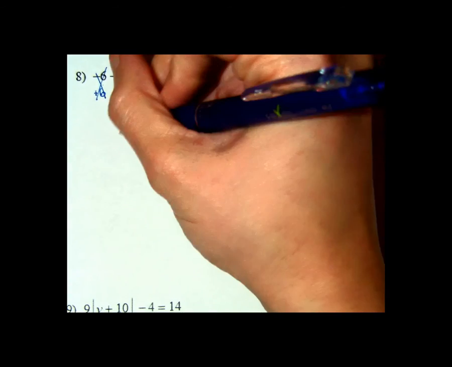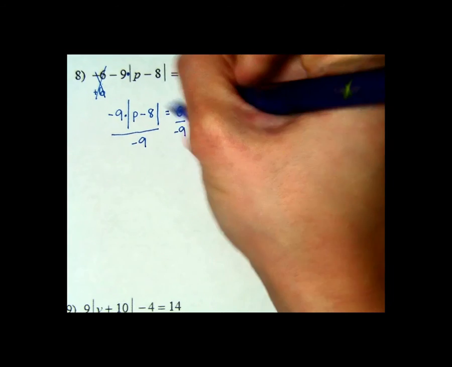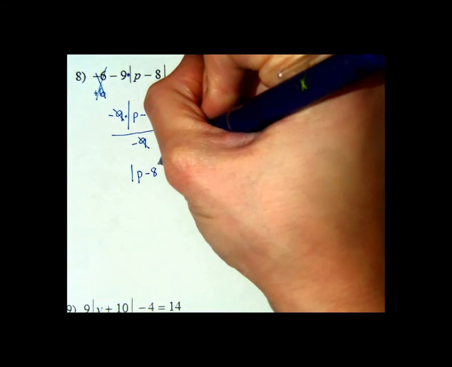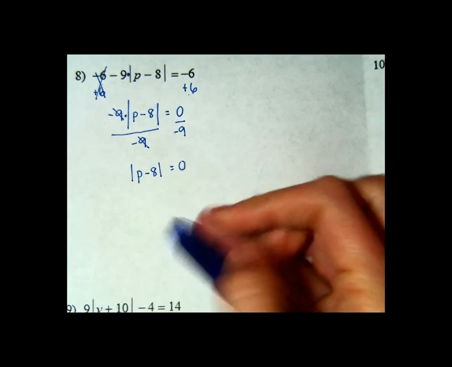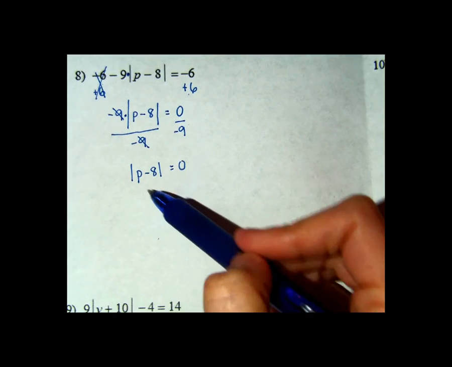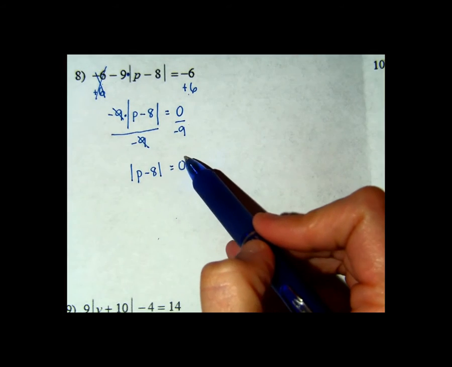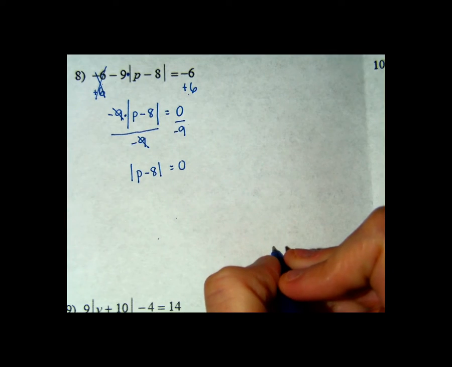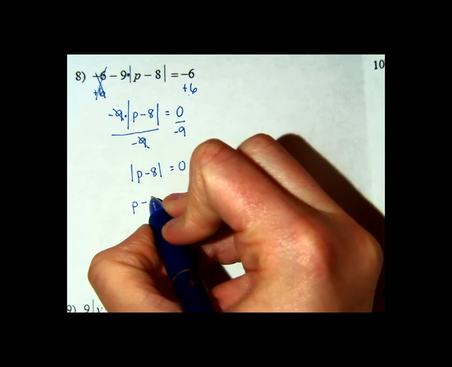I still have something with the absolute value bars. Remember I said this is multiplication, so I'm going to undo this by dividing. The absolute value of p minus 8 equals 0. We have finished step 1. We are ready for step 2, which is to create two cases, a positive and a negative. Well, I have a 0. Negative 0 is not a thing. 0 is a neutral number, which means it is neither positive or negative.